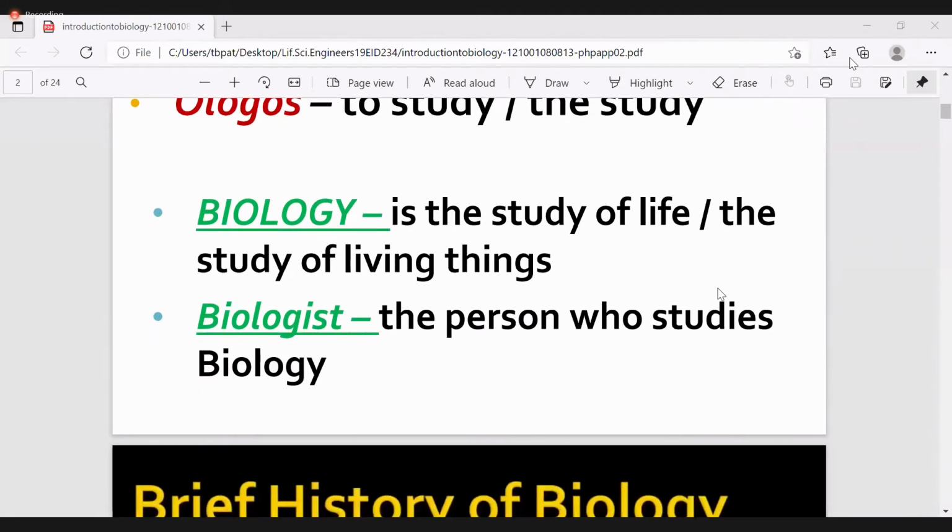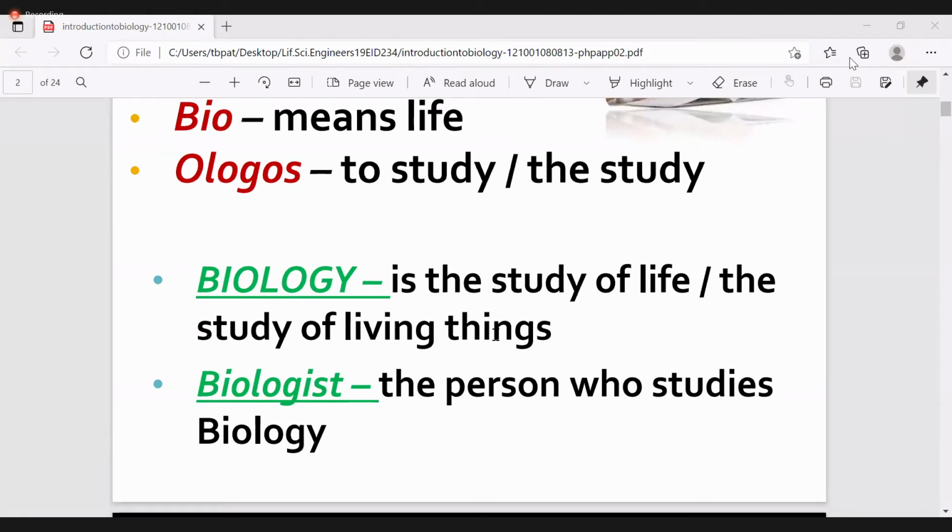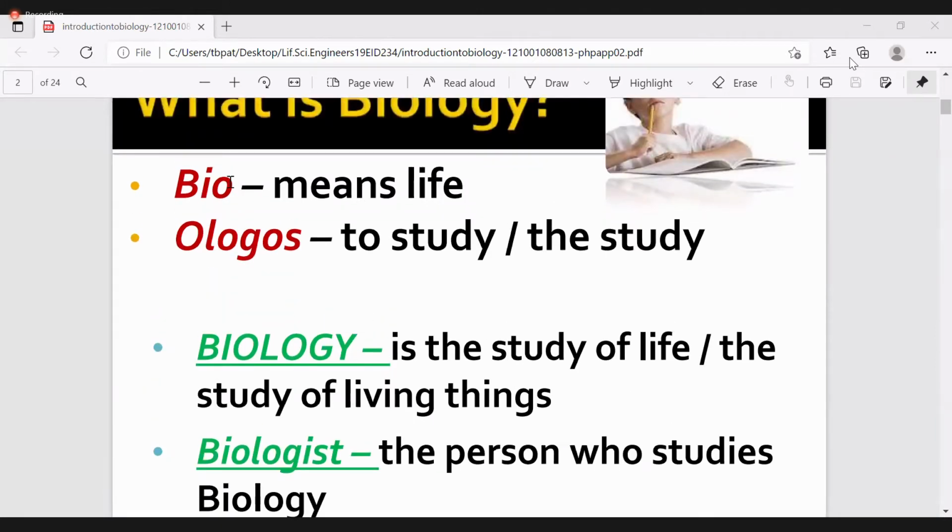The biologist is the person who studies in a deep sense, in an innovative way. This all comes under biologists, biological scientists, or several ways we can spell it.